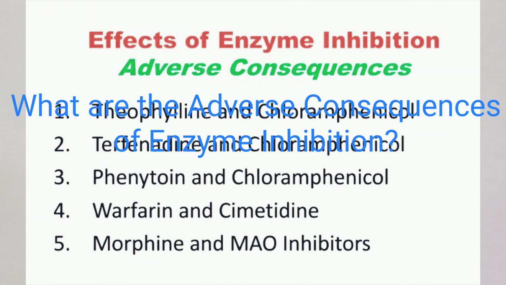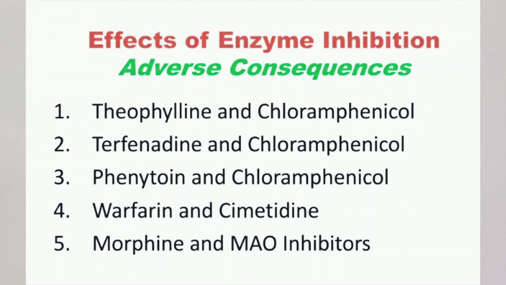For example, theophylline when administered with chloramphenicol, chloramphenicol being an inhibitor of hepatic enzyme, increases the plasma concentration of theophylline, and a small increase in plasma concentration of theophylline can lead to adverse consequences such as nausea, vomiting, severe side effects, and central nervous system side effects.